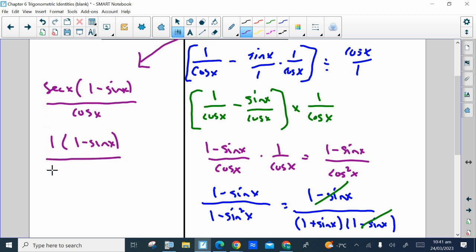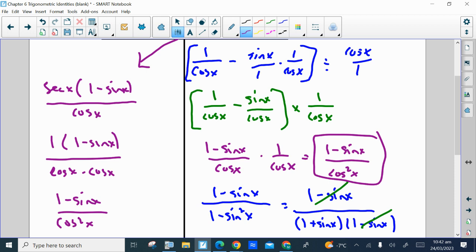On the bottom, you'd have a cos x that came from the secant, which is 1 over cosine, times another cosine on the bottom. That would have given us 1 minus sine x over cos squared x, which is exactly what we got right here.